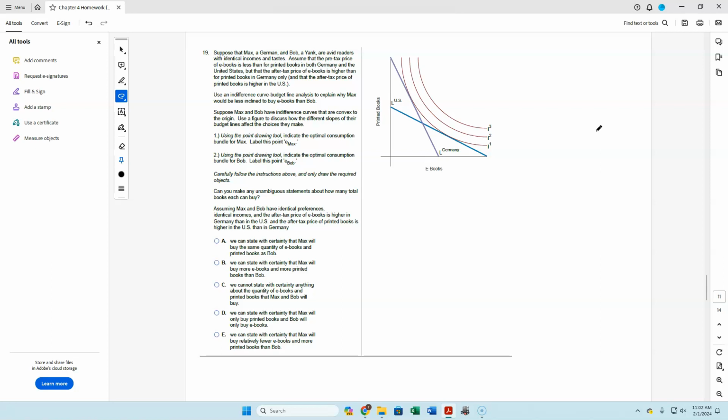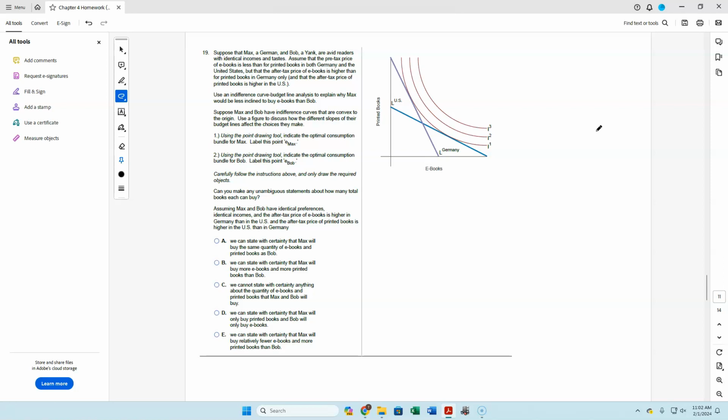Now we're not told whether this is a specific tax or a unit tax, so we don't really have any idea there. We're making use of this idea of what we would know for certain with these taxes being imposed.